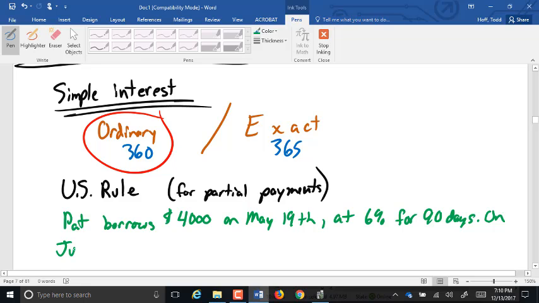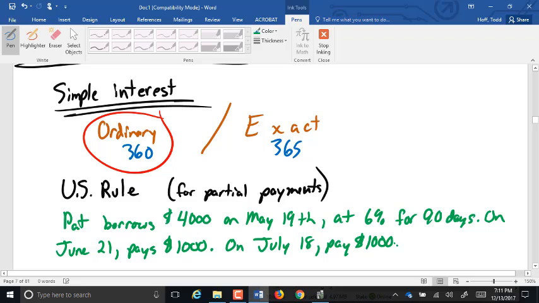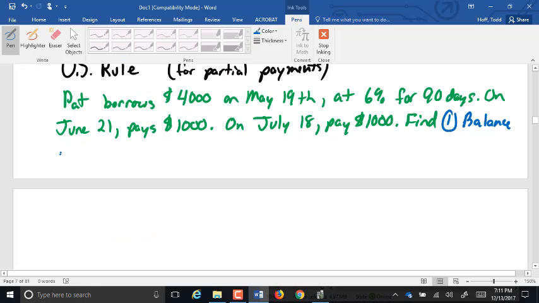On June 21st, Pat pays $1,000. On July 18th, pays another $1,000. Find one, the balance due at maturity.